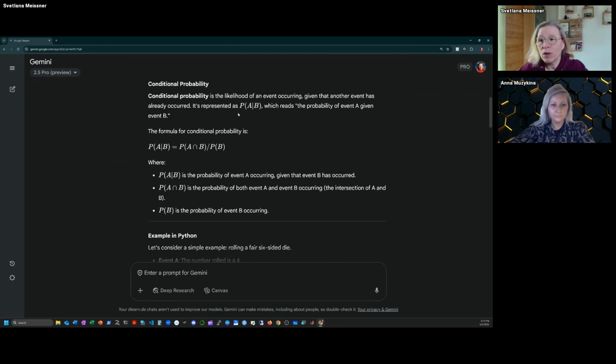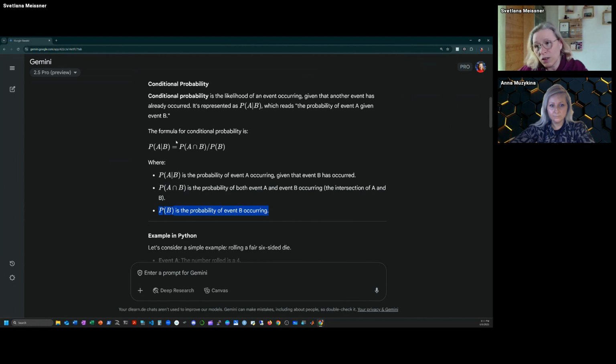So this is how we write mathematically these connections, and the formula for conditional probability is: the probability of A given B equals the probability of both event A and event B occurring, divided by the probability of event B occurring.